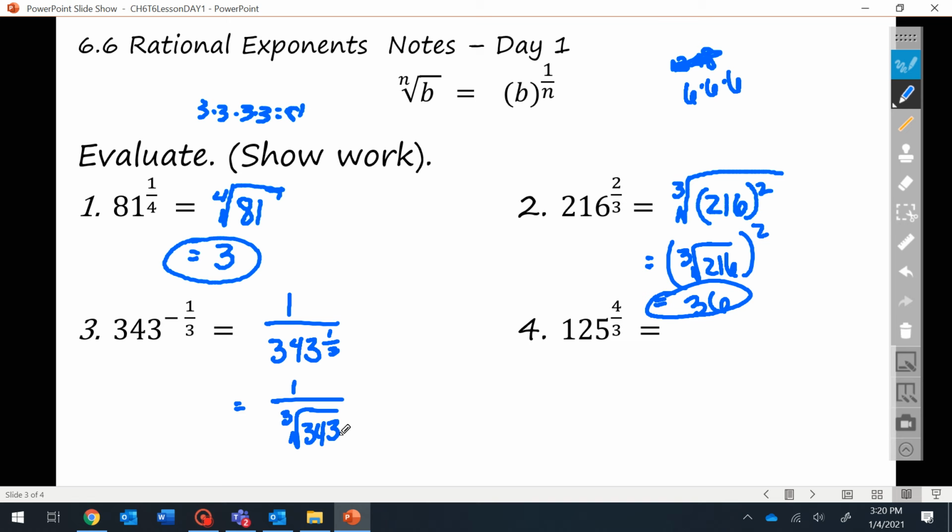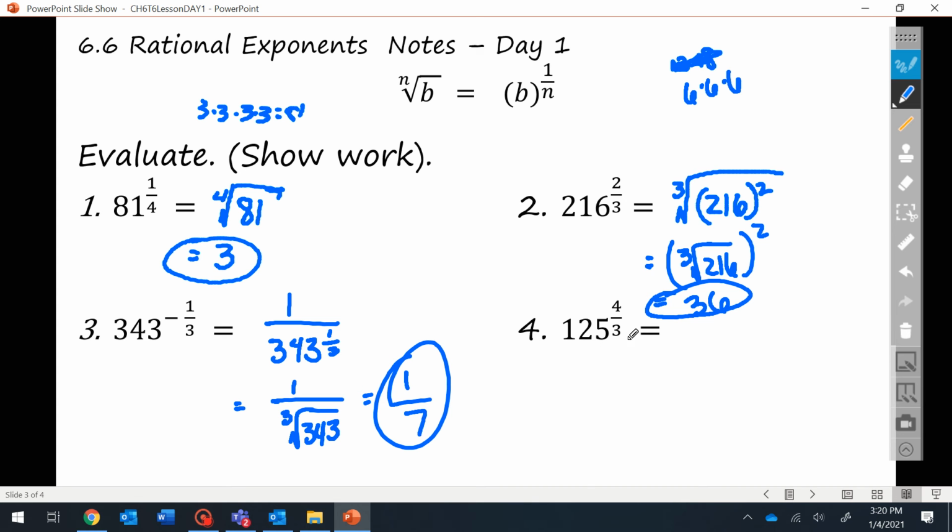And the cubed root of 343 is 7. You may want to use a scientific calculator to evaluate these if you don't have them memorized, but you can just guess. You can multiply numbers together until you get 343. So this would be 1 over 7.